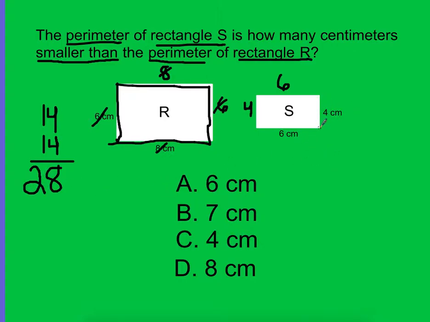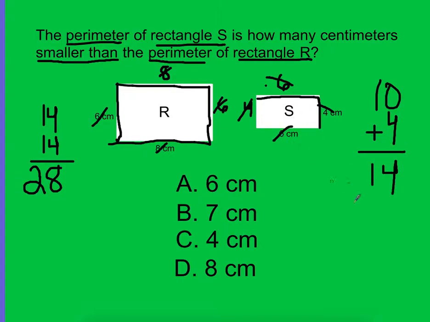And then this one, 4 and 6 is 10, plus another 4 if we want to do it that way, is 14, and 14 plus another 6. Remember, I don't like for you to combine them because then you all forget when it comes to regrouping. Is 20.